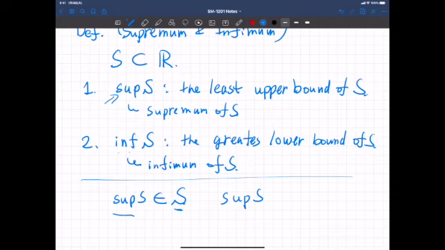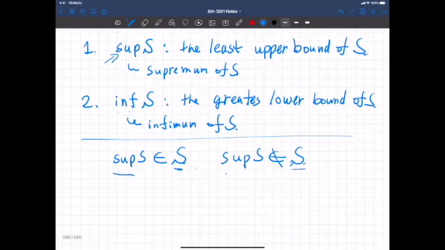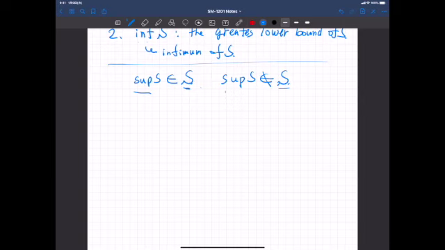It can also be the case that the supremum may not be an element of S. So either is possible, depending on the definition of S. Okay, and the same is true for infimum. It may be an element of S or may not be an element of S. Let's see a few examples.